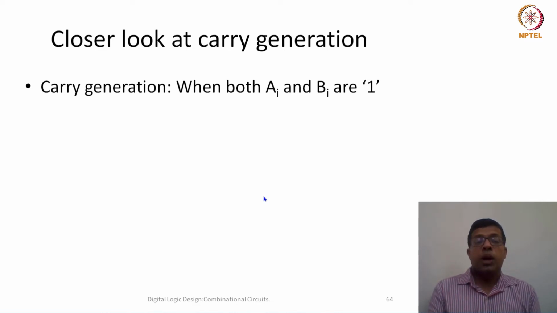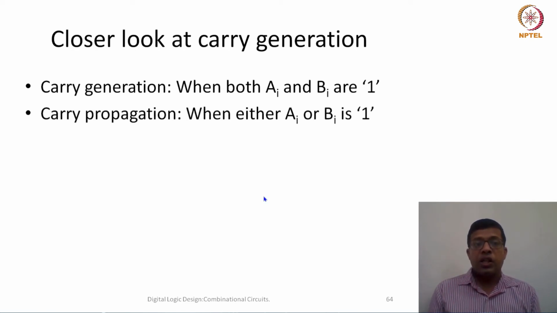Because it would be propagated, and for propagation the requirement is either ai is 1 or bi is 1. When either of them is 1 and there is a carry input from the previous stages, then it would be propagated. 1 plus 1 will become 0, so because there was a carry from the previous stages, it will also be propagated.